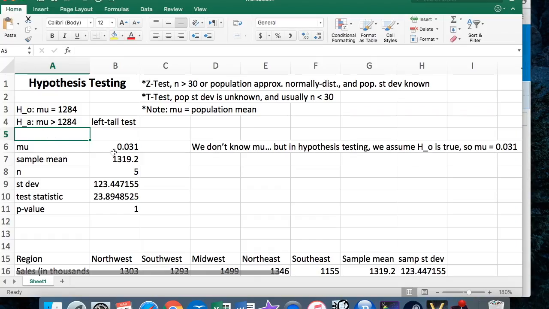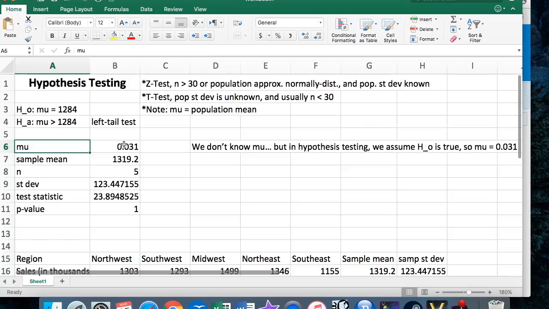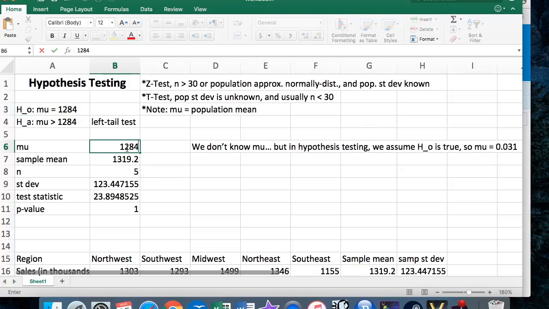bit larger. Okay, so now since we're doing a hypothesis test, we don't know exactly what the mu is for all the regions, right? We don't know exactly what that mean is, but thanks to our null hypothesis, we can assume that it's 1284. Okay, so there we go.